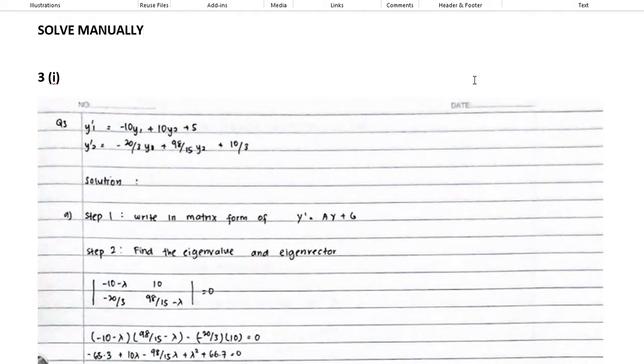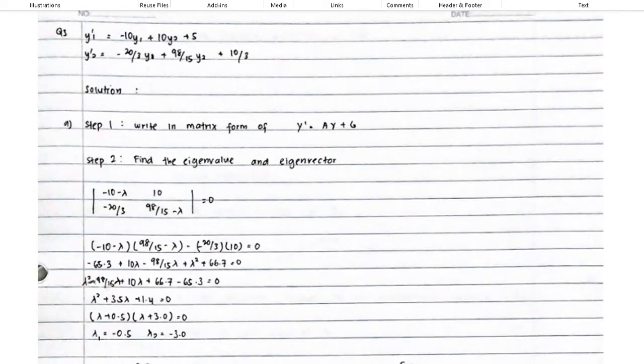Firstly, we need to write in matrix form of y' equals Ay plus g. So as we know, A equals negative 10, negative 20 over 3, 98 over 15, y plus g equals 5 and 10 over 3. For step 2, we need to find the eigenvalue and the eigenvector.